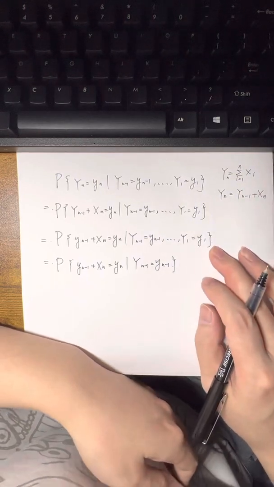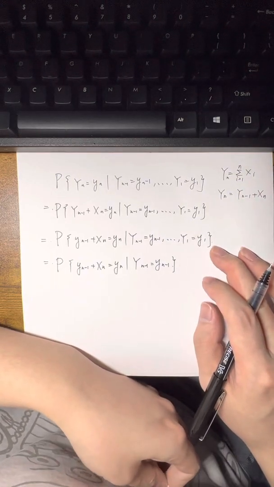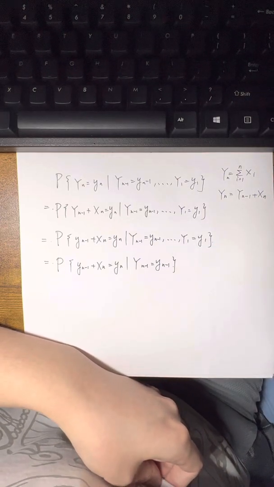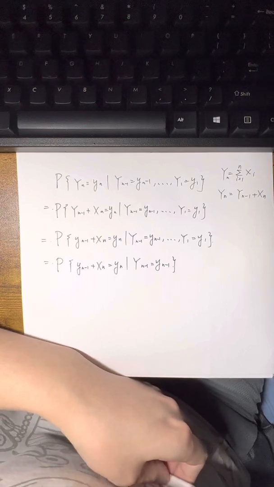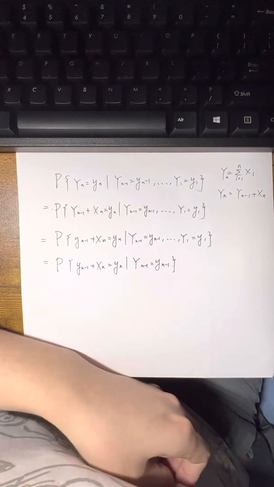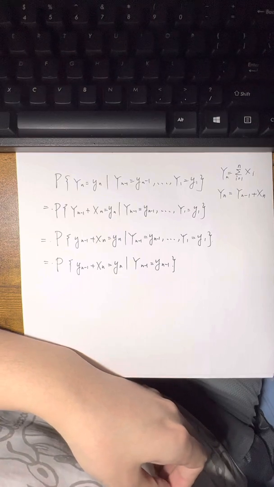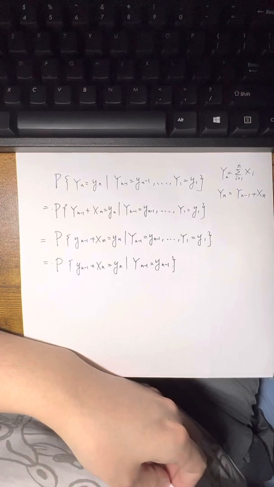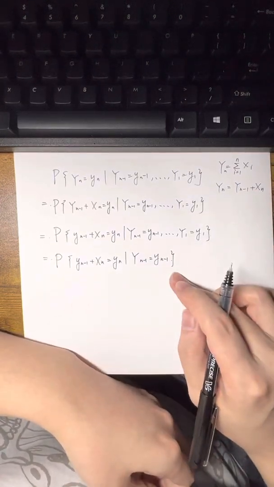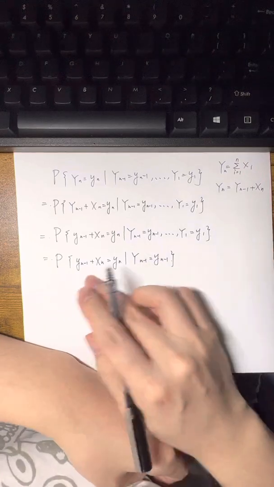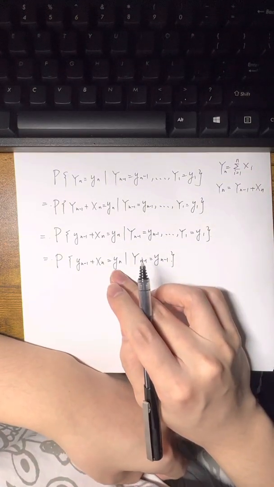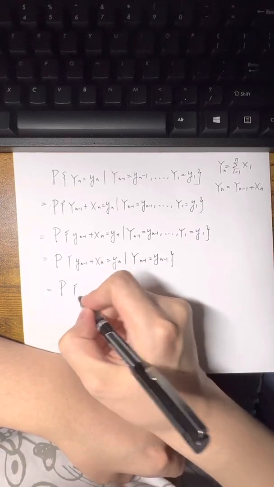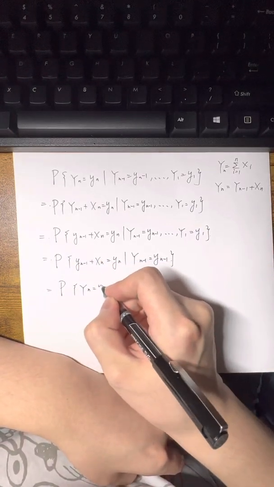This is also because xn is a sequence of independent random variables, so xn is independent of xn minus 1, xn minus 2, until x1. So we could write it like this. And we could see that this part is yn equals yn.